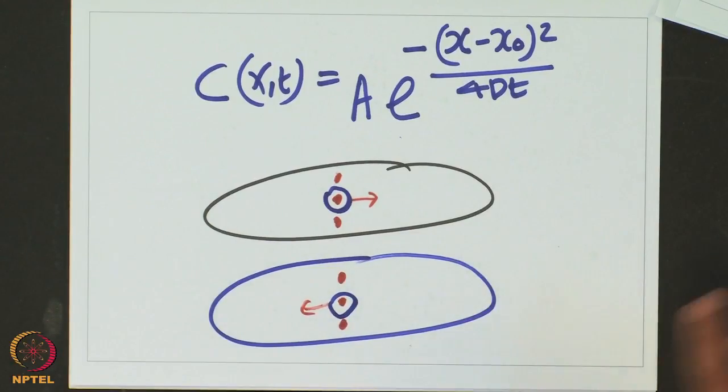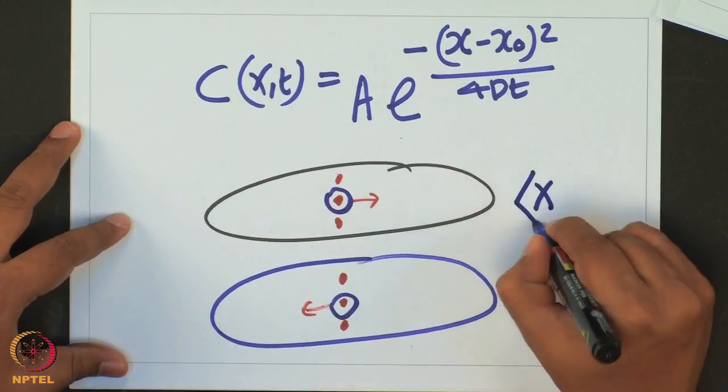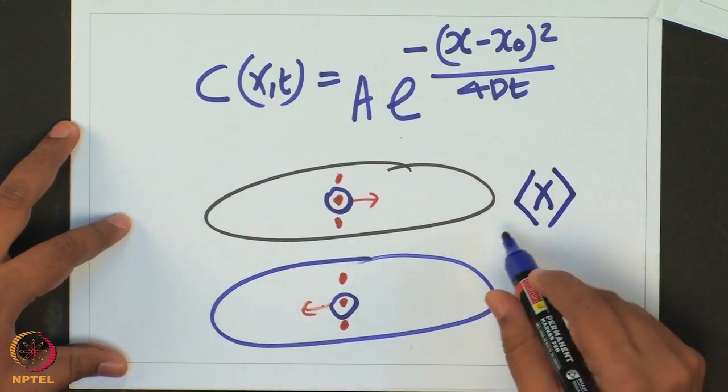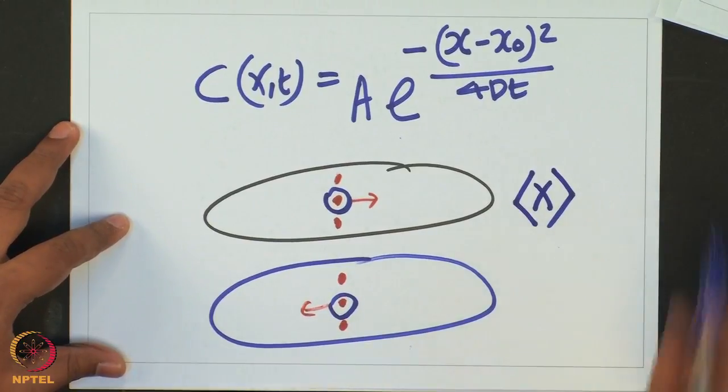On an average, if you average over many experiments, it is a fair question to ask, what is the average position of a given particle as the time proceeds, or at any time?